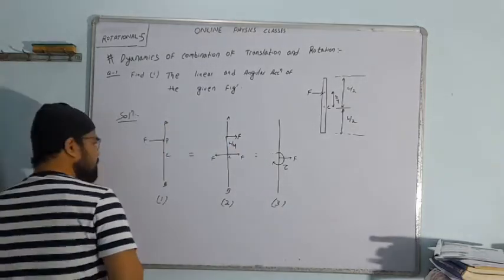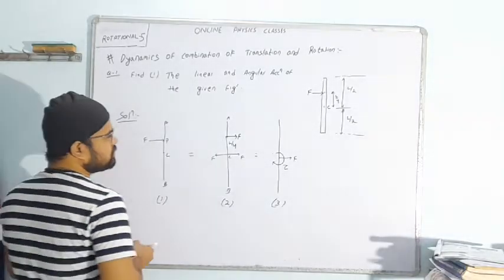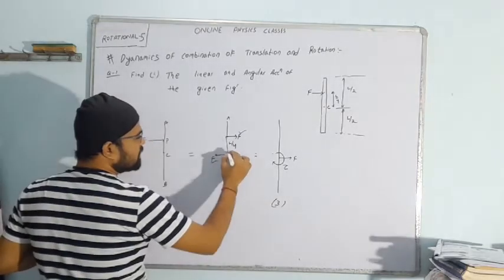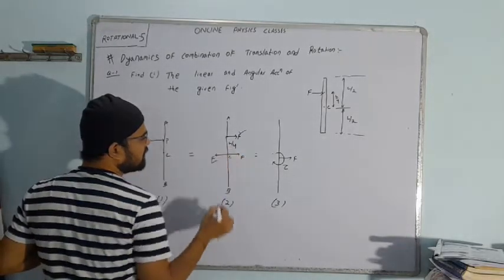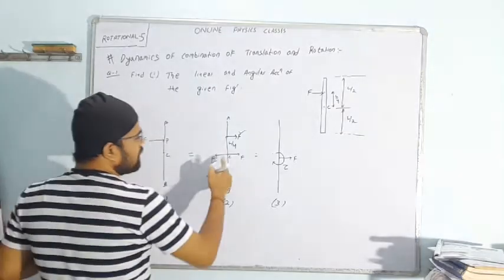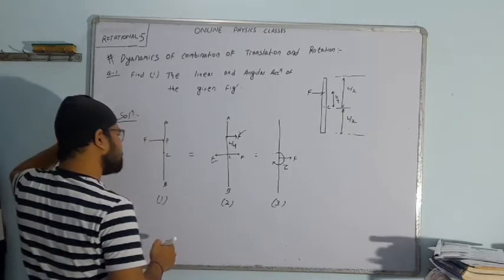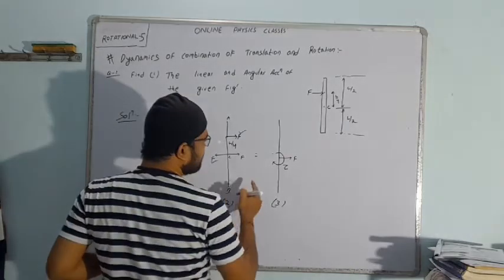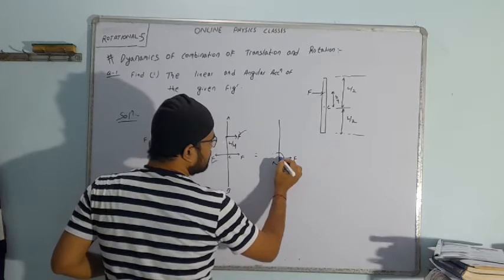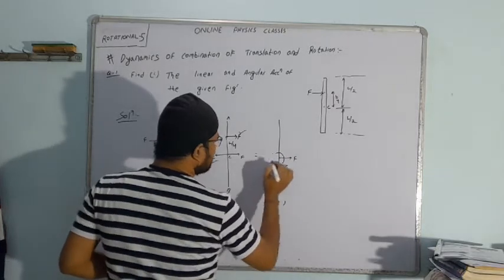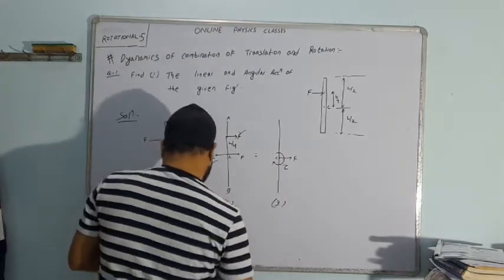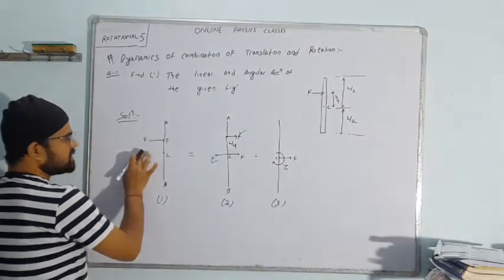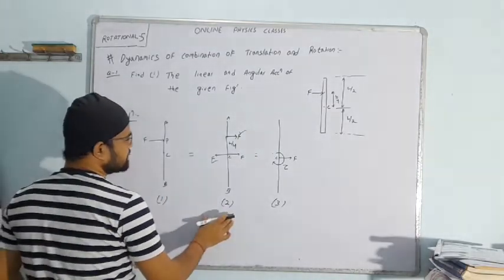Due to this force and this force, we get a torque at the center C. So finally this force is a combination of both translation and rotation.